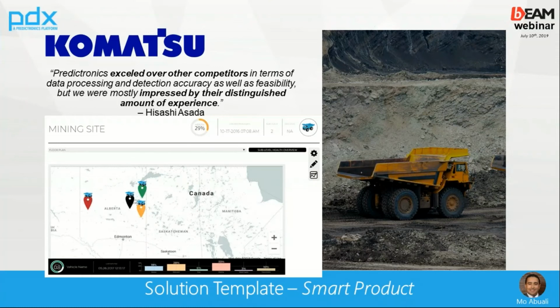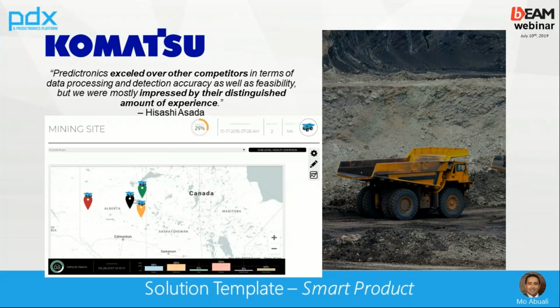You can see at the bottom the different components of the mining truck that are being monitored in real time. So in this case, a solution like Beam could be used to monitor the maintenance activities of smart products that are available around the world, to ensure that this product, whether it's a Komatsu engine or an aircraft engine, is running all the time and that spare parts are delivered to that product before the product fails.